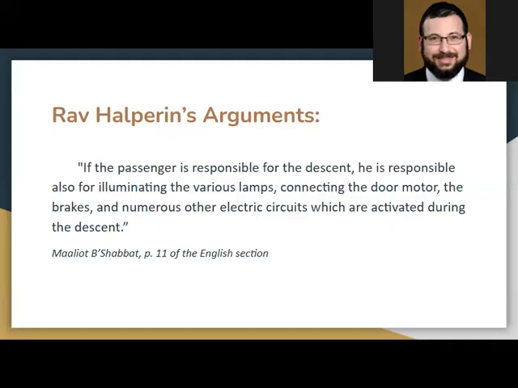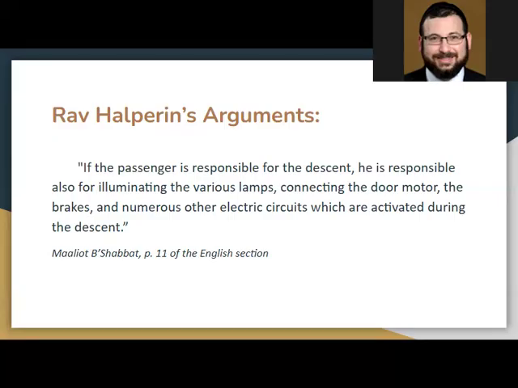And his conclusion is that while one may ascend in an automated elevator, one may not get into an elevator that's going down unless certain modifications have been made to avoid specific halachic pitfalls.